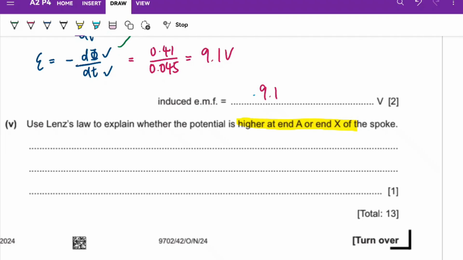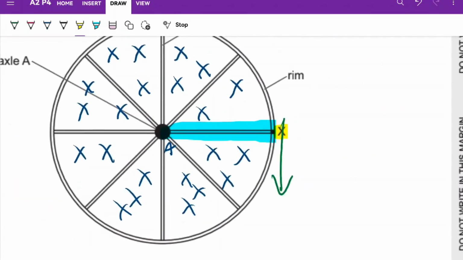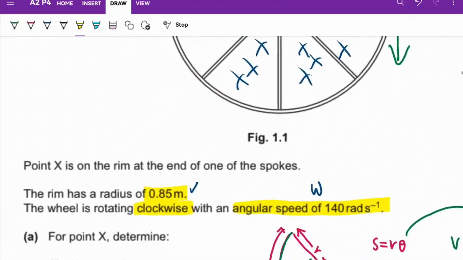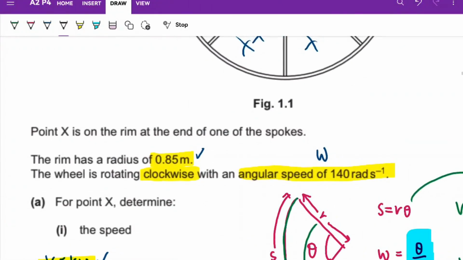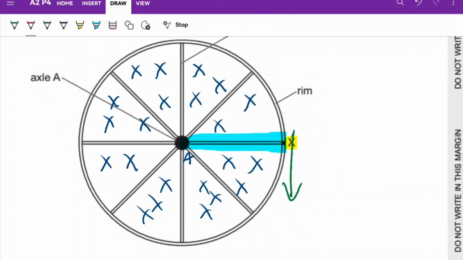Okay. So let's look back at the picture. Given that the wheel is moving clockwise, how do I know the wheel is moving clockwise? They actually mention here, the wheel is moving clockwise. And given that the magnetic field is into the page with a flux density of 0.18 Tesla. So it's into the page, it's X.